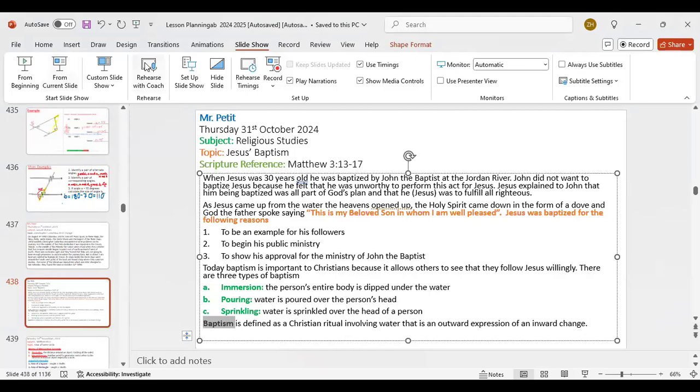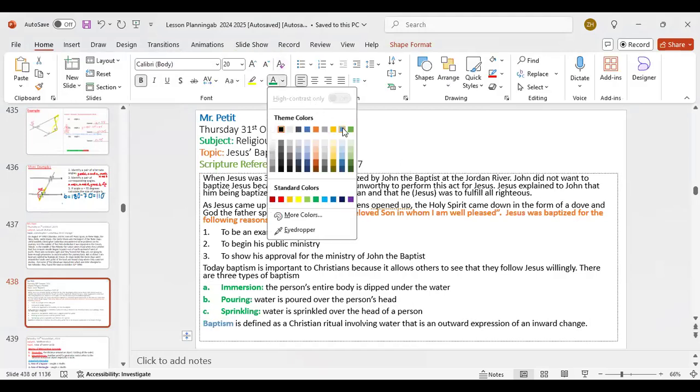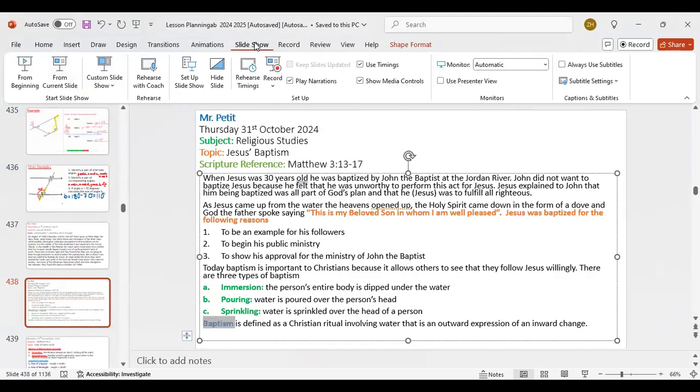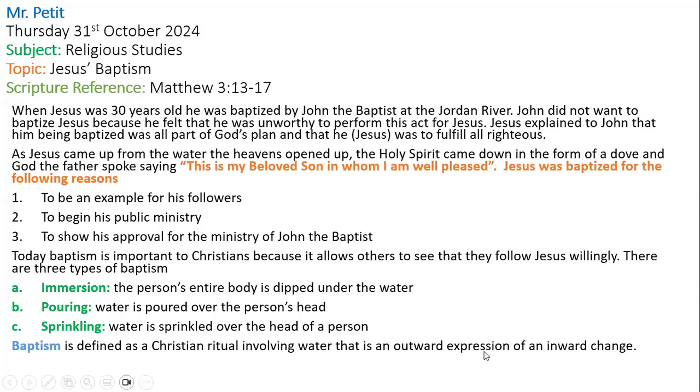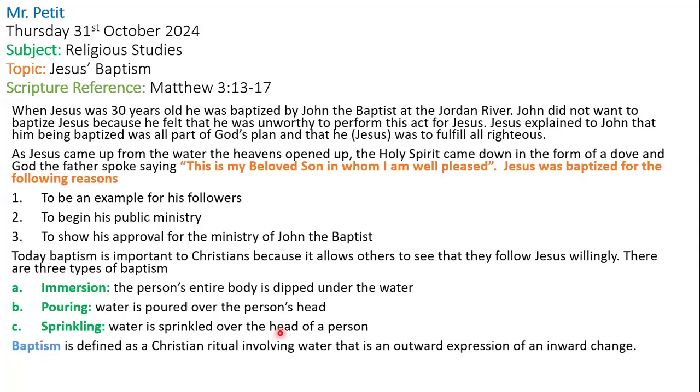Baptism is supposed to symbolize what happened from within, which means you give up the old life and you choose a new life. Baptism is you publicly telling everyone, this is whose side I'm on now.